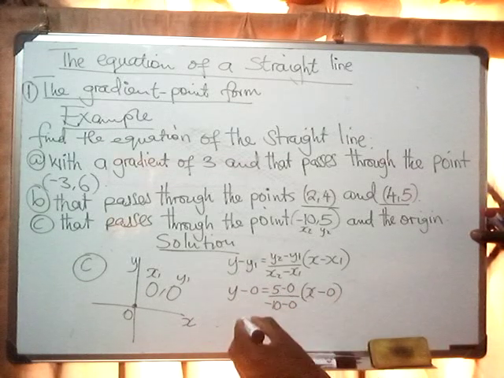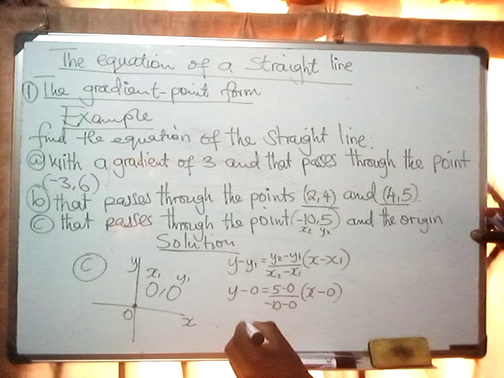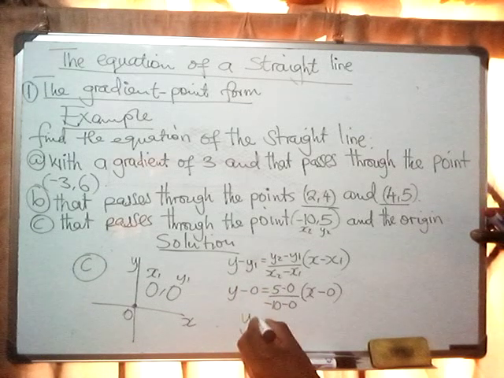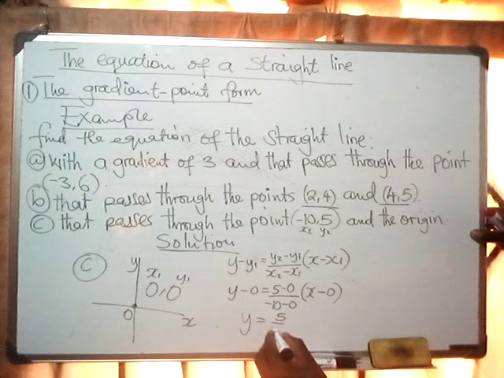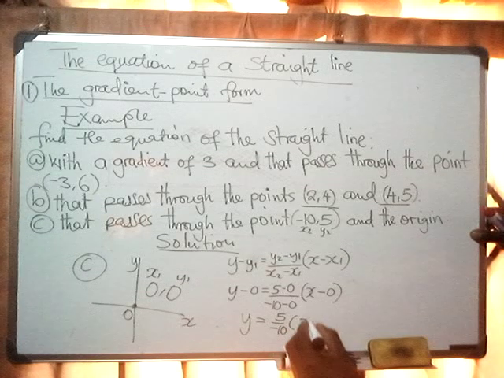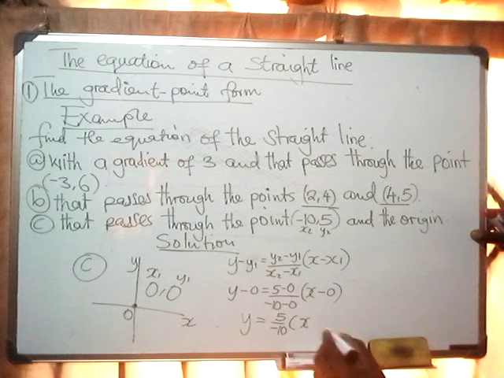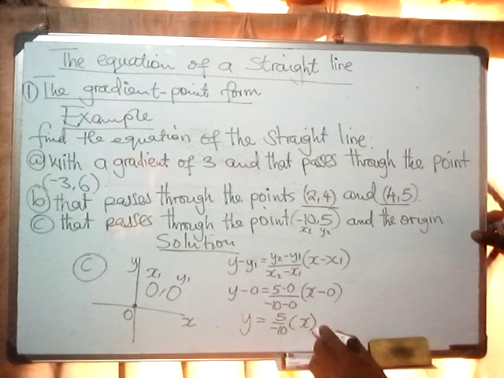So automatically the answer will just remain as y is equal to 5 over negative 10 open bracket x, because anything minus 0 is the same thing.